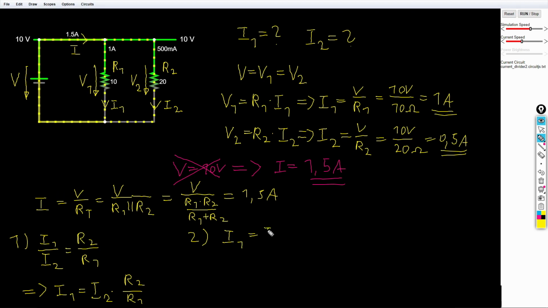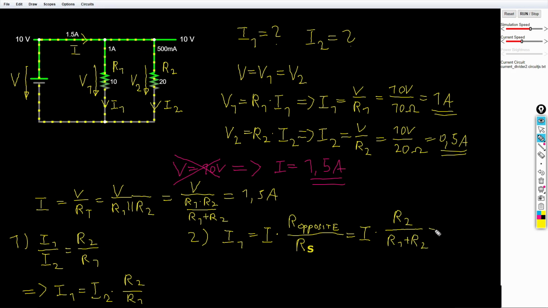So the branch current I1 is equal to the input current times the resistance of the opposite branch over the sum of the two. Note that I have used RS for the sum instead of RT, because this is not the total resistance R1 parallel to R2.